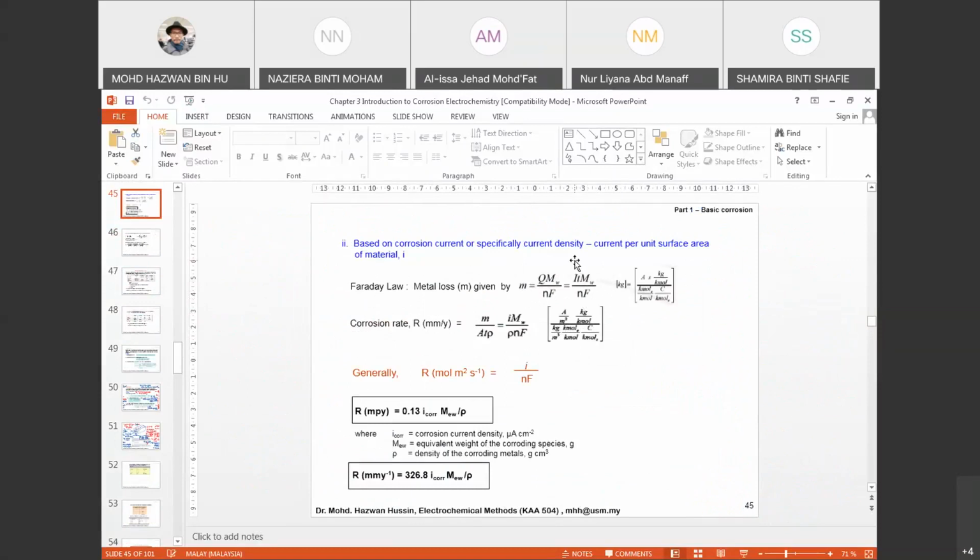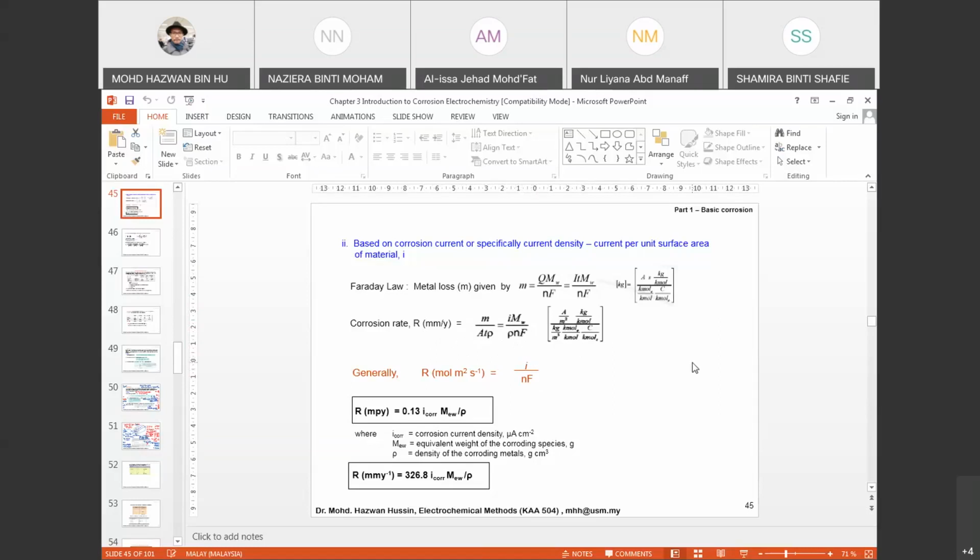M equals ITM over NF. And you can also calculate corrosion rate, which the unit will be in millimeters per year, mm/py, which equals metal loss M over area multiplied by time and density. That is also equal to current density multiplied by molecular weight over density multiplied by valency and Faraday's constant.